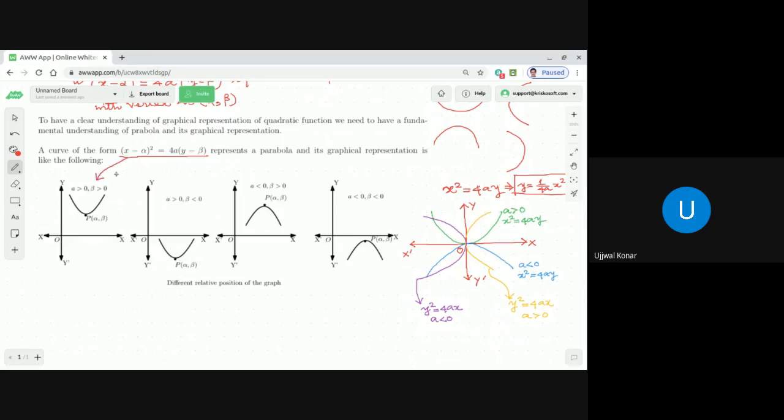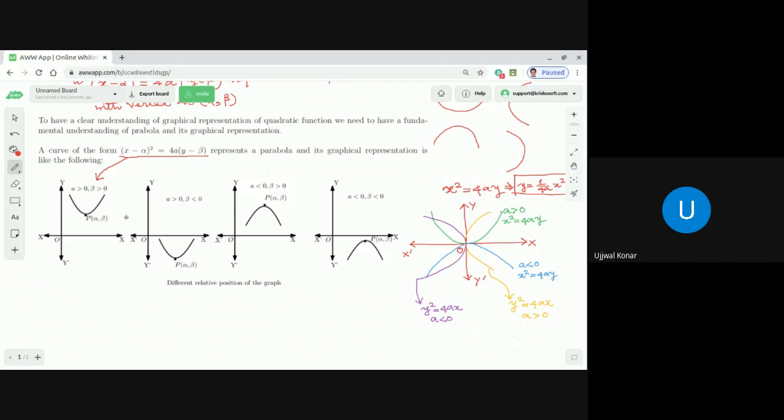The exact visual representation of the curve will be this one if a is greater than 0 and beta is also greater than 0. Correct, no? Beta means the y coordinate, dear students. Y coordinate greater than 0 means you will always see the curve above the x-axis. Correct or not? Now when a is greater than 0 but beta is less than 0, a greater than 0 means the curve is flipped upward.